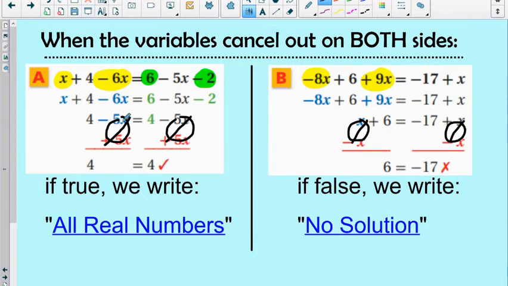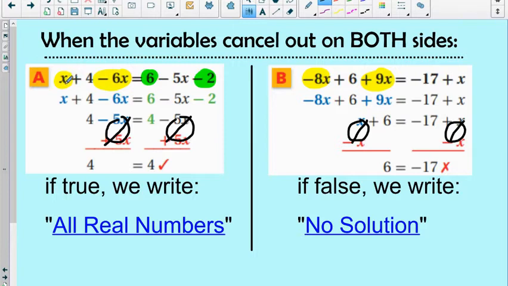But what does that really mean? All real numbers means that every real number would be a solution. Any real number. So that means any natural number, any whole number, any integer, any rational number, even any irrational number, like the square root of 2 or pi.